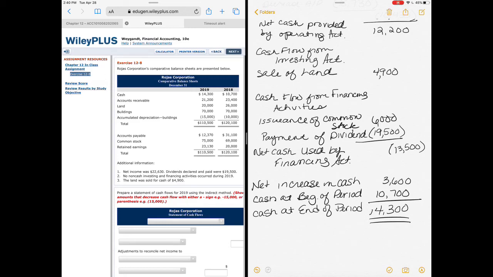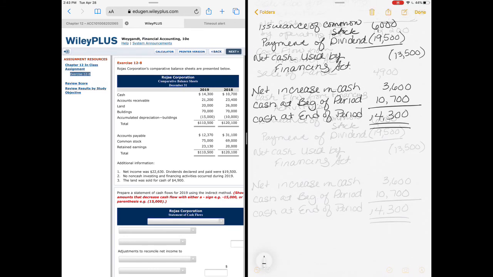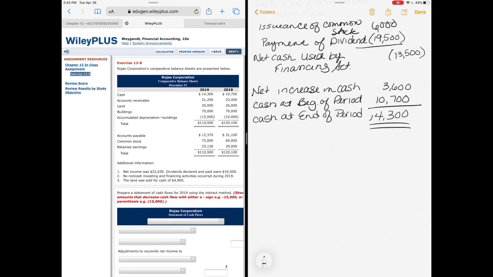They also want you to look at, well, what is my free cash flow in this problem? Now let's take a look at free cash flow. Remember, your free cash flow is your net cash provided by operating activities. And we would subtract out any capital expenditures and subtract out any dividends.